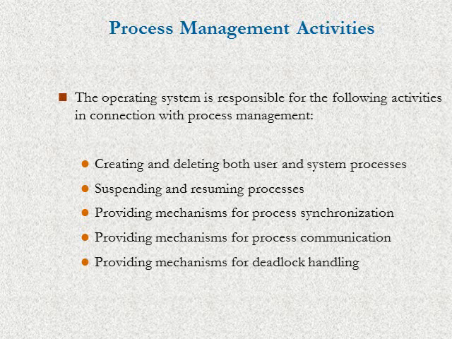The responsibility of that module is that it should create the user level processes and corresponding system level processes, and once a process is in the running state in the system, it may suspend some of the processes, resume them, and when there is contention between multiple processes, it may provide mechanisms for synchronization or message passing between processes, communication between processes. All of this is the responsibility of this process management module.